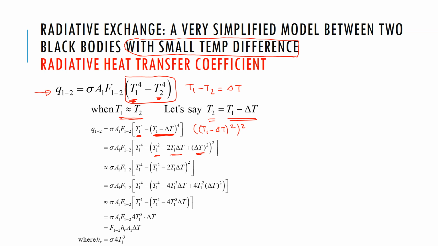So we say because delta T is small, its squared form is going to be much smaller than the other two terms, and therefore we can neglect this third term. That lets us keep the first two terms here, and then we square it again.